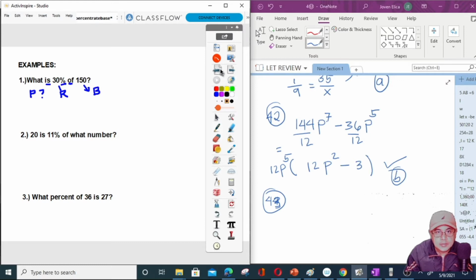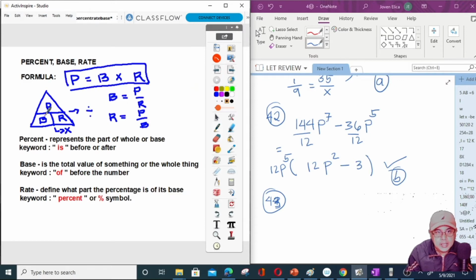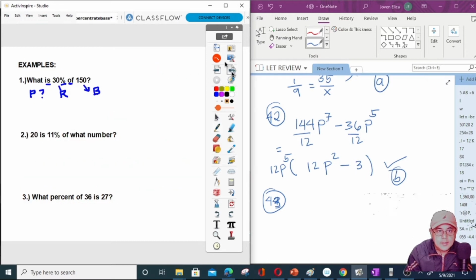So from the given formula, we are asked to find P. P is equal to base multiplied by the rate, which is equal to, yung base natin is 150, multiplied by the rate, 30%.